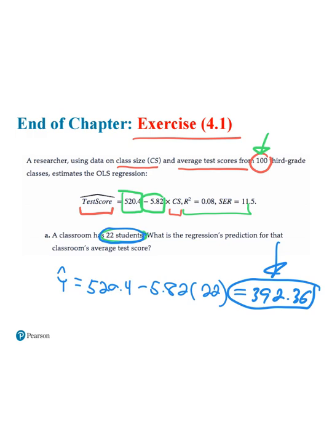Now you might say, why is that important? Well, if you are in the administrative office and you're trying to maintain a certain type of standard across your classrooms so that your school can get funding from the state or from the federal government, then you need to maintain some form of average test scores, right? So you, as the administrator for the school, might want to anticipate what the average score would be with classrooms of size 22.